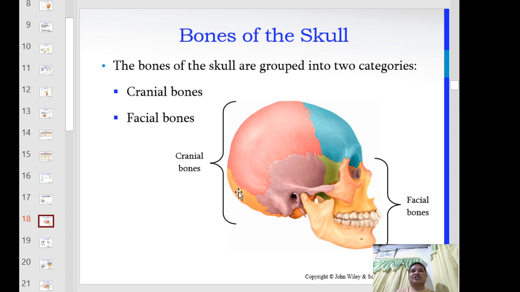The occipital is not part of this view. Your parietal is this wall here, and it goes toward the back. Then the temporal is where you can palpate when you move your mandible. The muscle moves there. That is your temporal area, the temporal bones.